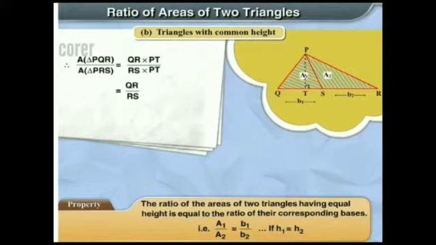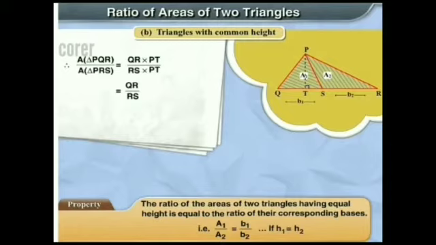So after using the formula of area of a triangle and writing the ratio of both the formulas, we get area of triangle PQR upon area of triangle PRS is equal to QR into PT upon RS into PT.